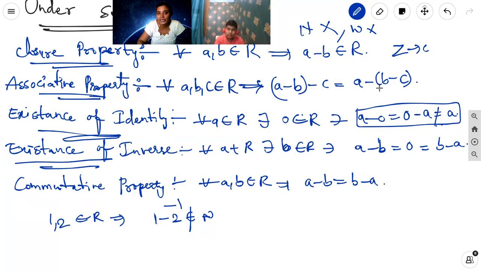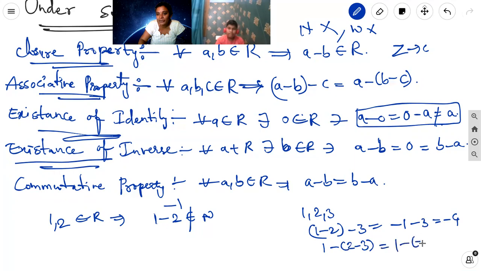No associative, no identity, no inverse. Why? If we take 1, 2, 3, then (1 minus 2) minus 3 equals minus 1 minus 3, which equals minus 4. And 1 minus (2 minus 3) equals 1 minus (minus 1), which equals 1 plus 1 equals 2.